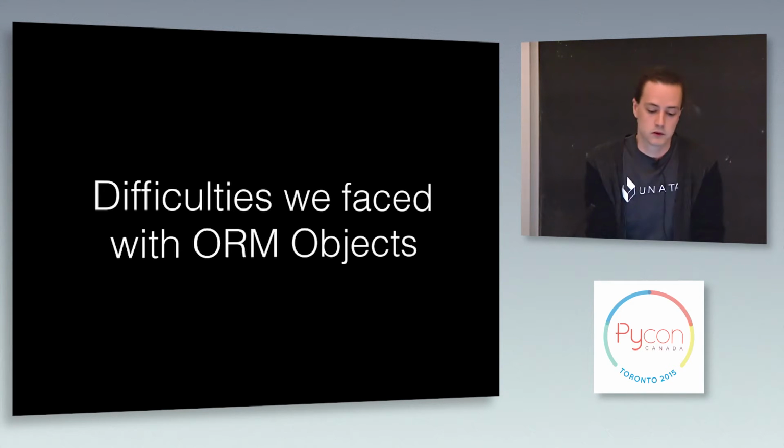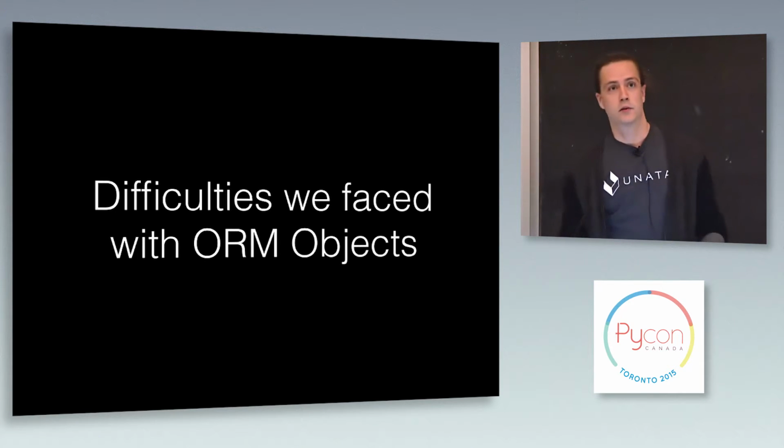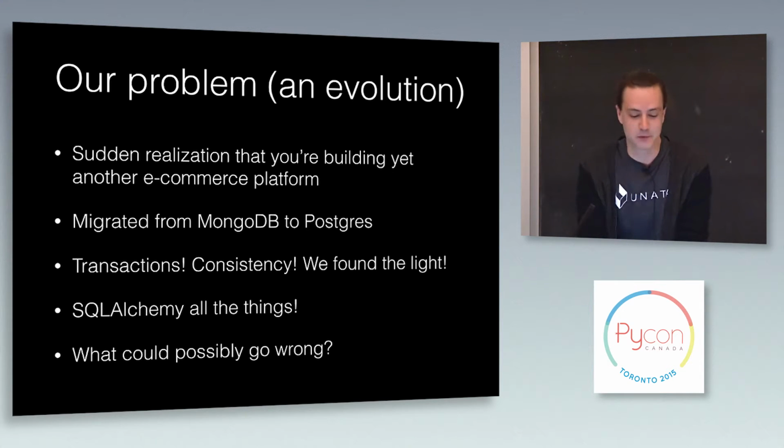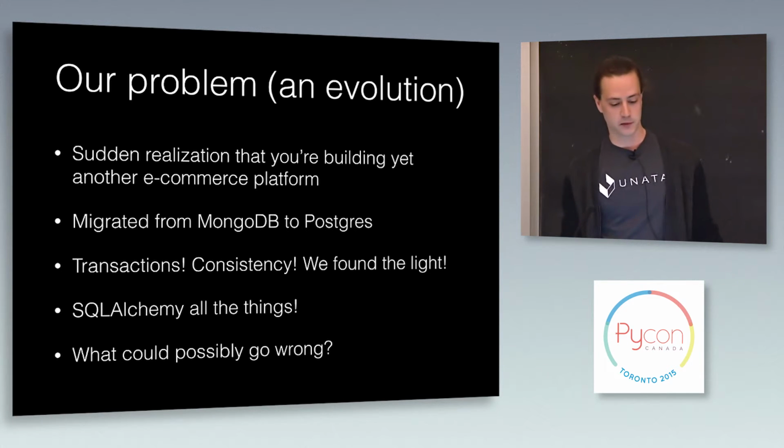So, what are some of the difficulties that we faced with the code base where we ended up with ORM objects everywhere? I'm going to start with a bit about our sudden realization that you're building an e-commerce platform in your startup. I don't know if anyone else has had this problem, but we had originally built our infrastructure on MongoDB. It was a decision that was before my time, but we realized that we actually had very relational data.